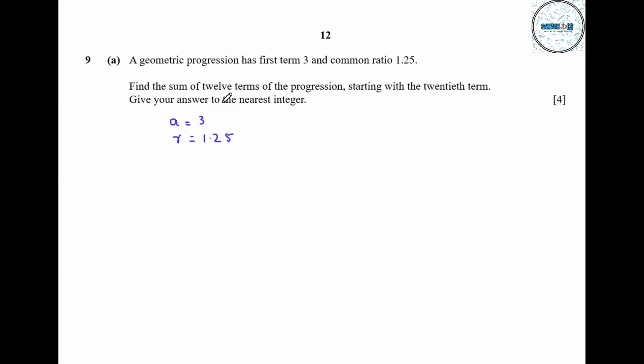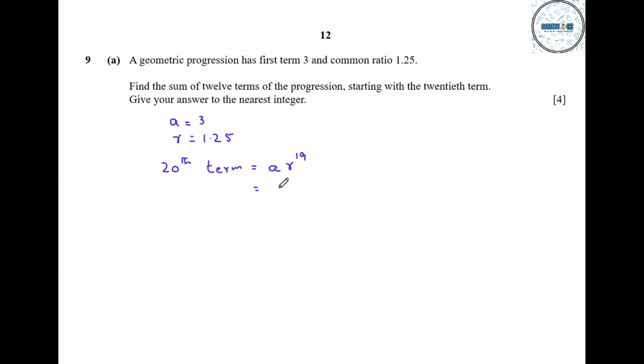There are two ways to do it. One of the ways is that you consider 20th term as first term and then find out the sum of next 12 terms. So for that, we need to take out 20th term. 20th term of geometric progression is a r power 19.